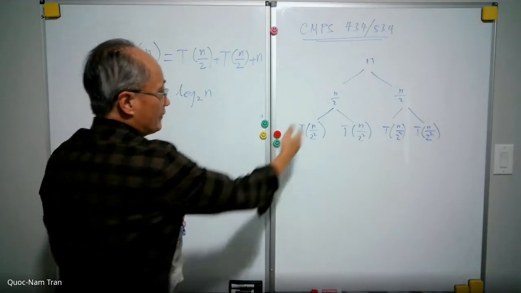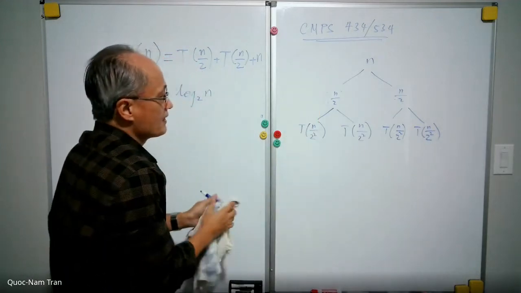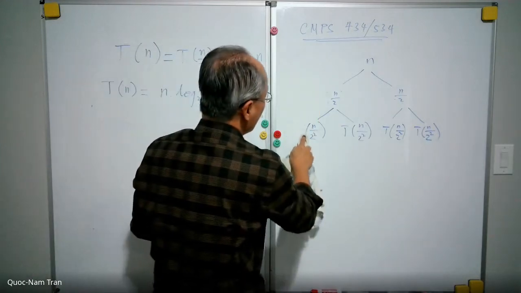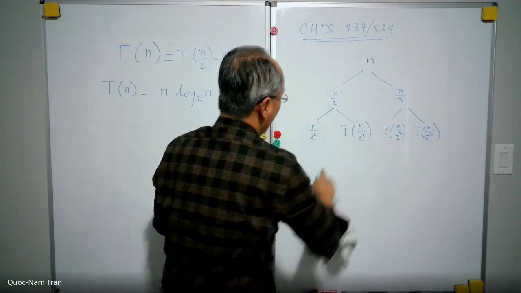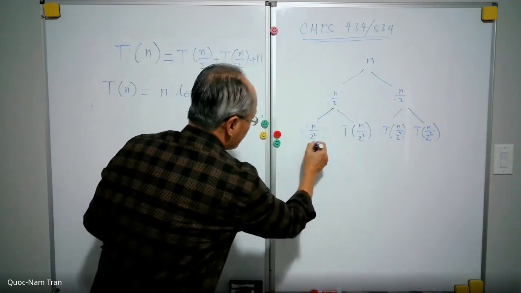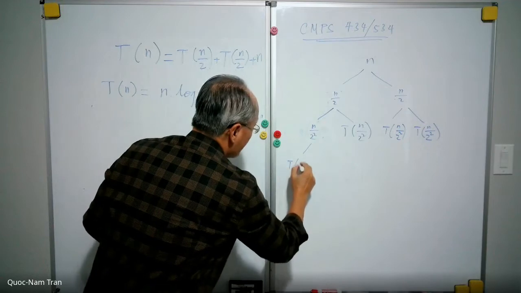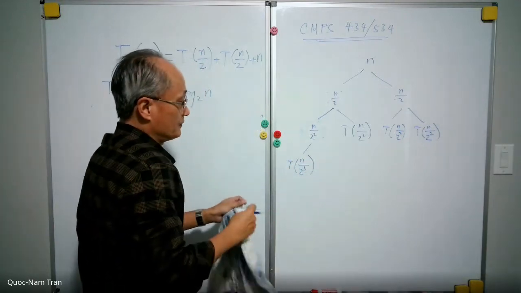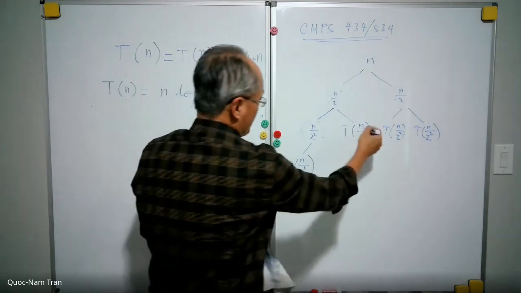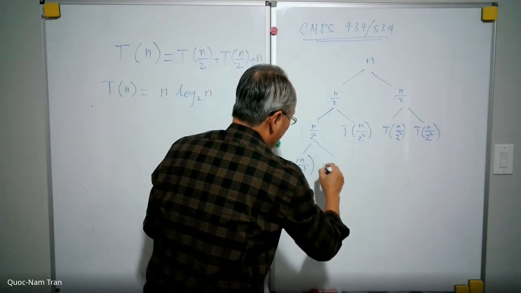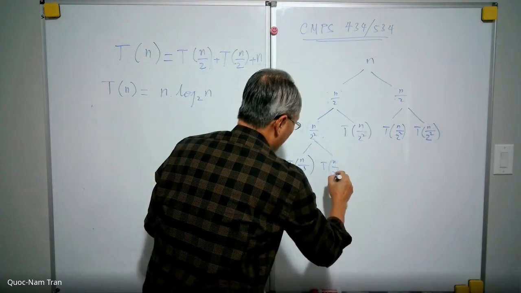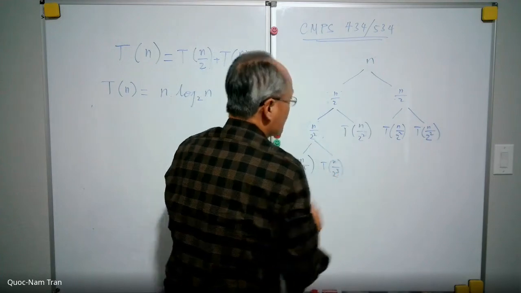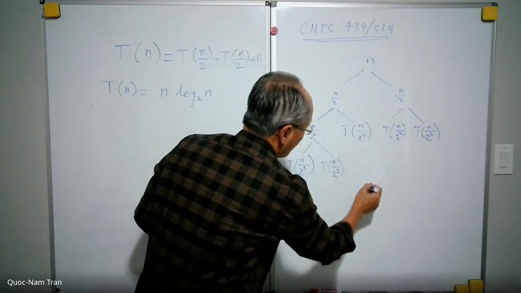So similarly, I will continue this process one more time. Then I have Tn over 2 to the power of 3, right? Etc. for the other ones as well. Okay, so continue.